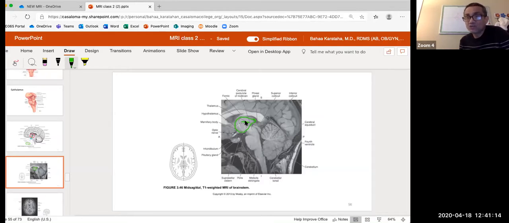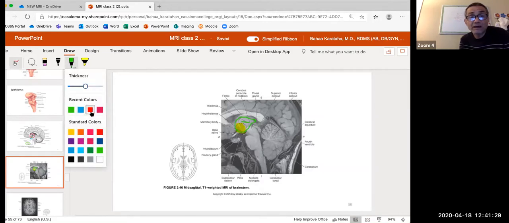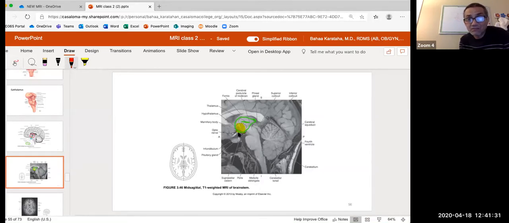It's indistinguishable anatomically. But we're going to pretend that this is the nuclei of your hypothalamus. And your hypothalamus is connected to what? To your pituitary gland by the stalk, this is the stalk. And that will be your pituitary gland.